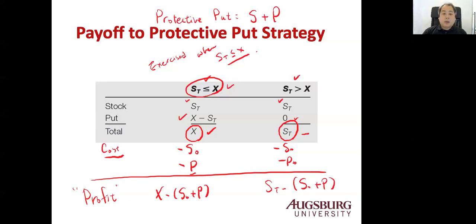That's the profit. Compared with holding only the stock, you have more cost, which is the put premium, the put price, but you can limit your loss up to this part.